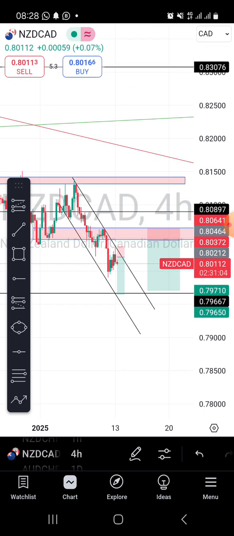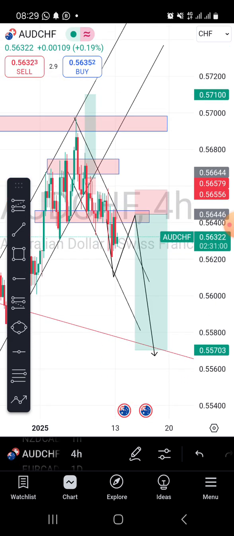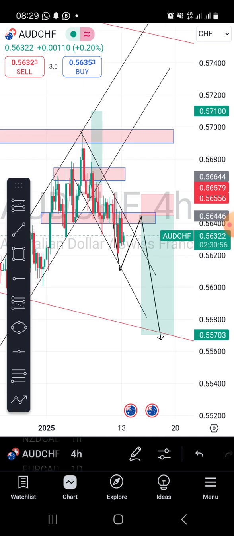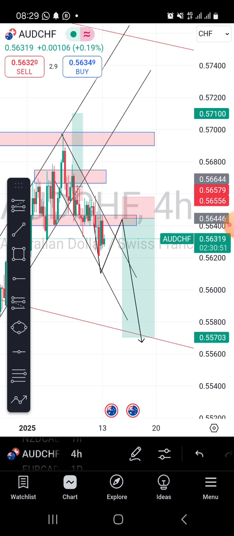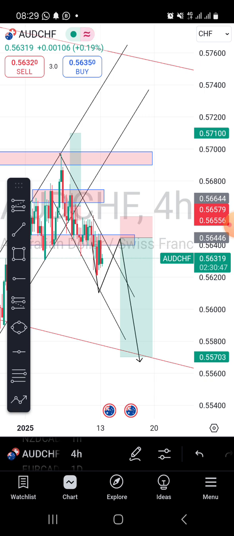If this happens, so NZD CHF, AUD. Okay, AUD is already pulling back, but I don't like that. I wanted to sell small AUD CHF, let it drop small then back. However, if this continues and we have our entry confirmation, I will gladly open.